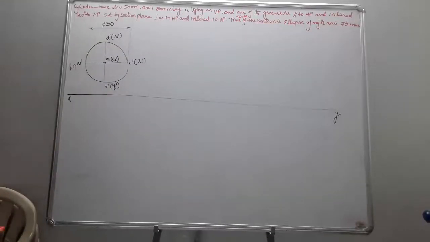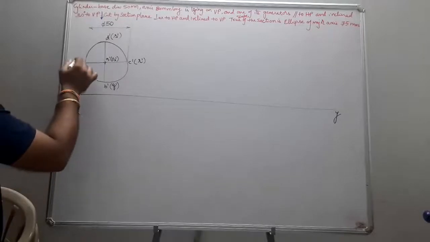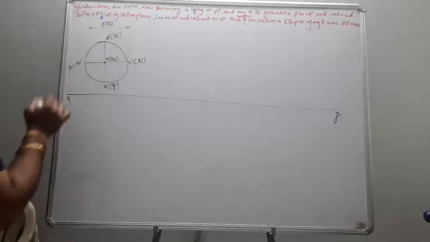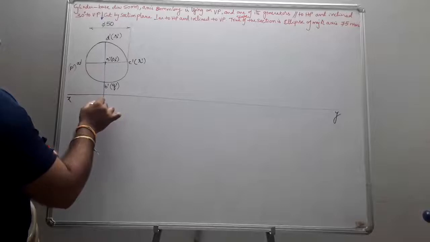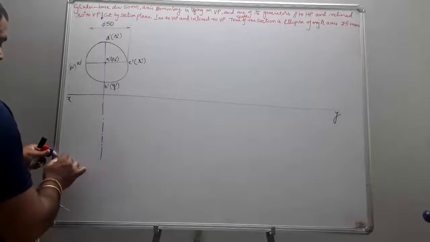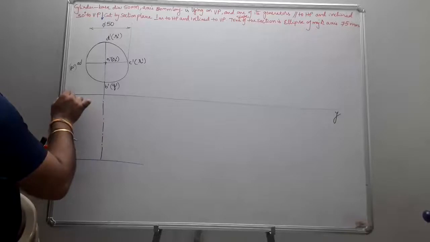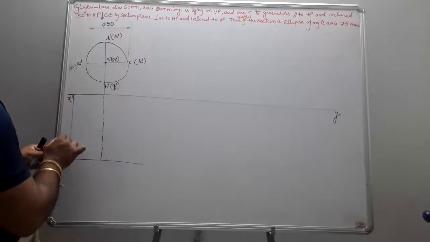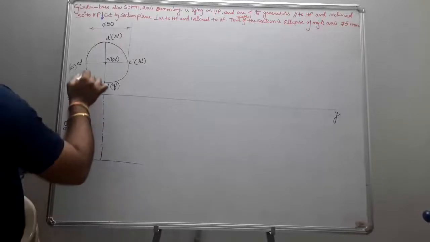Okay. Next, when I am supposed to see from the top, which points are visible? That is A, B, C are visible. This point is invisible. And I also know the height of the solid is given, which is 80.